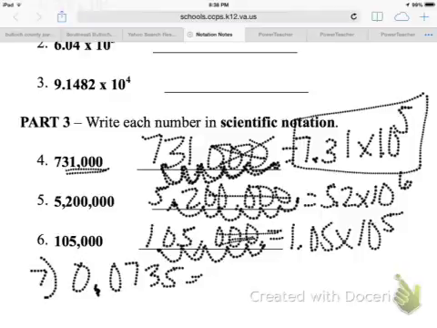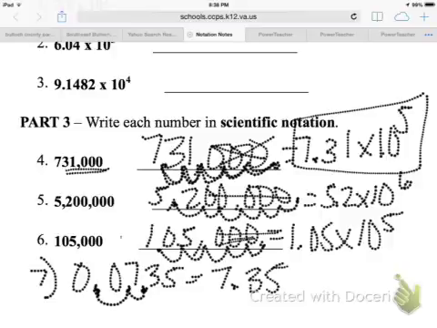So I need to adjust my decimal to where it falls between 1 and 10. No need of going towards the left this time because there's no more numbers. All my numbers are towards the right. So I know I'm going that way. If I hop one time, that's not between 1 and 10. It's still less than 1. I hop again, I can stop there because that gives me 7.35.